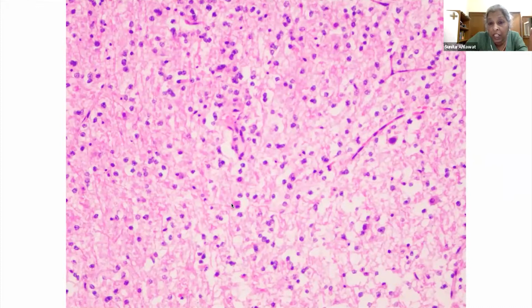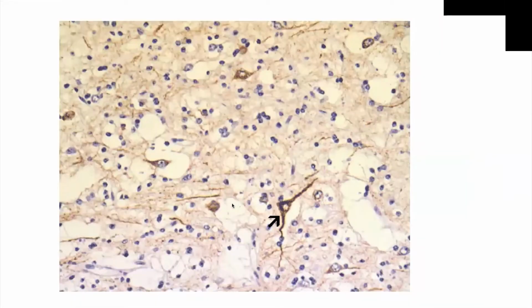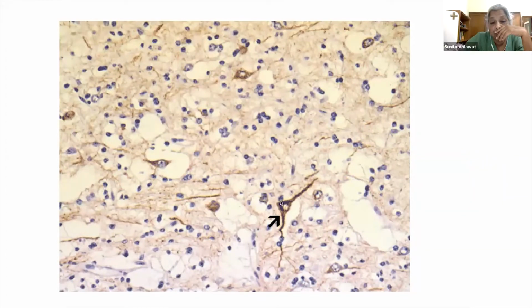A cortical lesion presenting with seizures. If I tell you this is synaptophysin, highlighting the neurons, the other cells are synaptophysin negative. So this makes it DNET, dysembryoplastic neuroepithelial tumor.